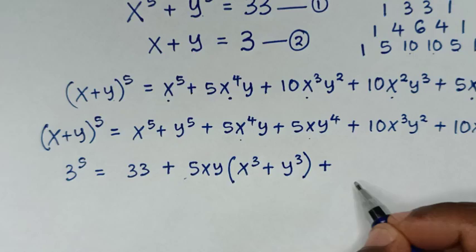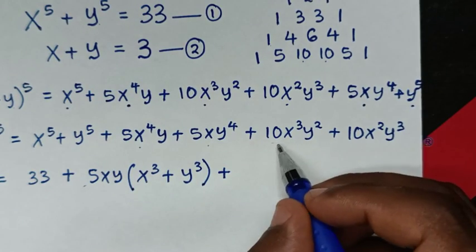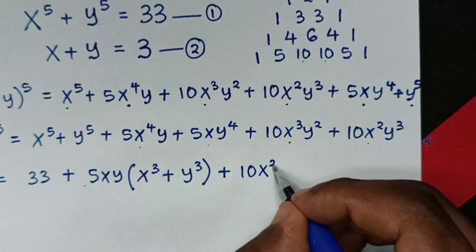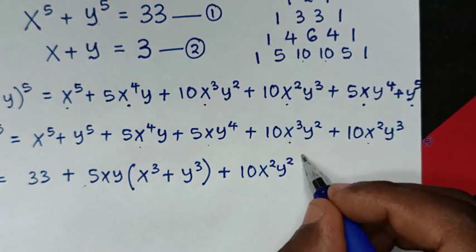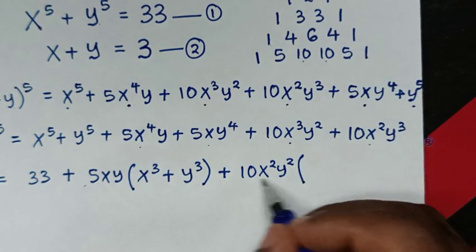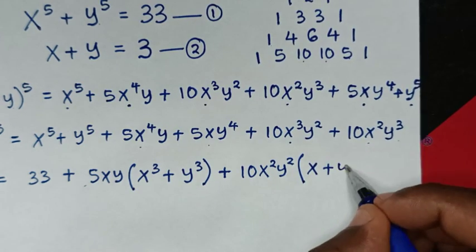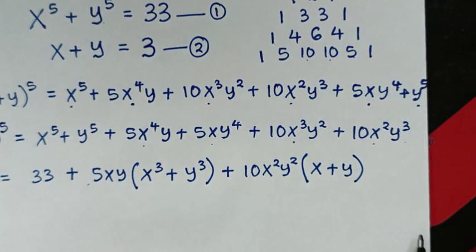Then plus this and this, 10x square y square is common, we take it out of the bracket: x plus y.